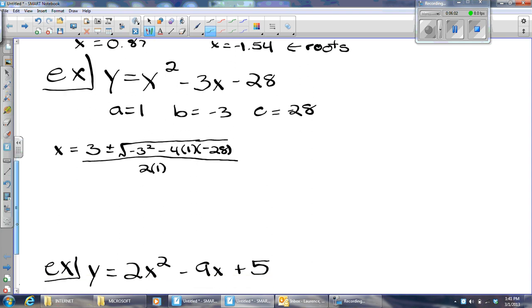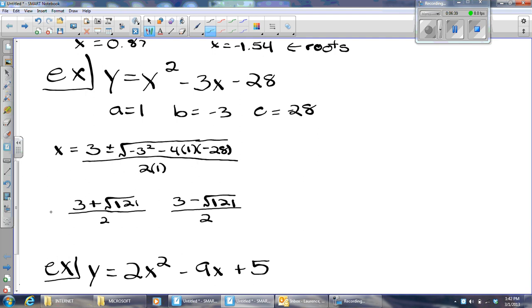Okay, so when we evaluate what's under the square root sign, we get 3 plus the square root of 121 over 2, and 3 minus the square root of 121 over 2.